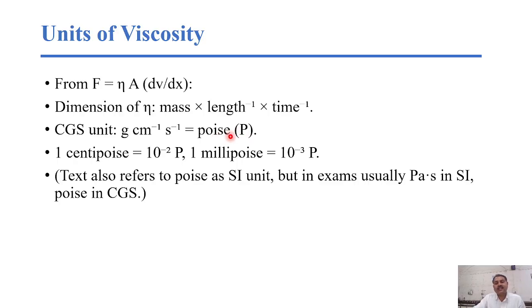The unit of viscosity is named poise after the scientist Poiseuille, because he has given the equation to determine absolute viscosity of any liquid. So these are the conversions. 1 centipoise is equal to 10 raised to minus 2 poise, or 1 millipoise is equal to 10 raised to minus 3 poise.